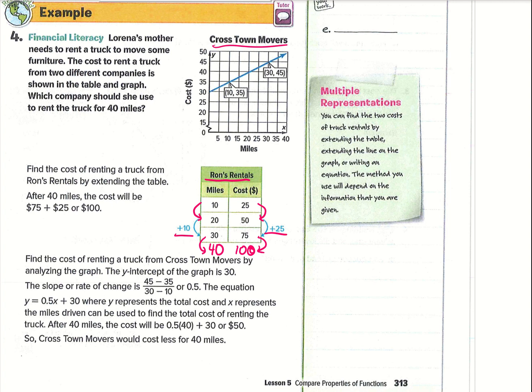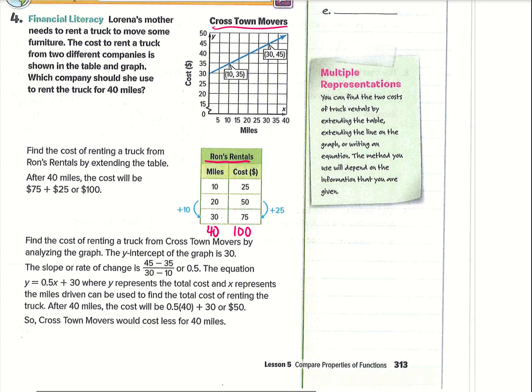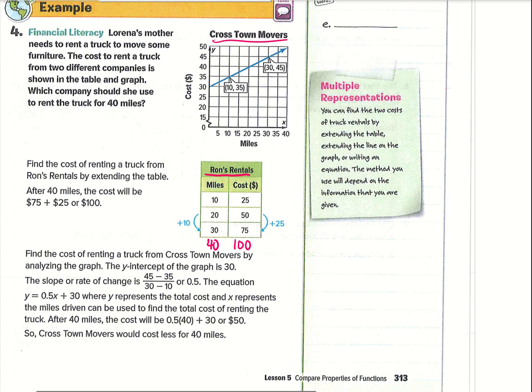So we'll get to 40 and 100, and I'm going to rewrite that because that was pretty ugly. There, at least now you can easily see what the numbers are. So that's going to be our cost for 40 miles on the table for Ron's Rentals.